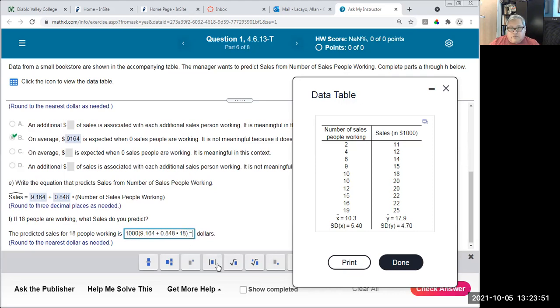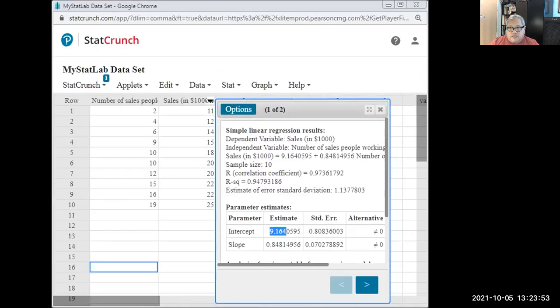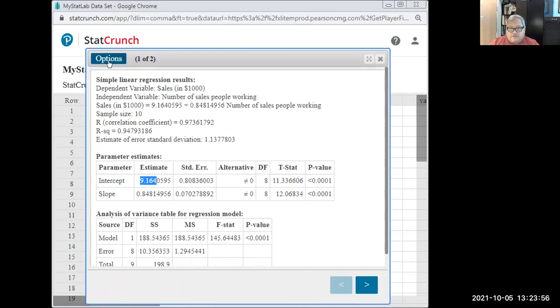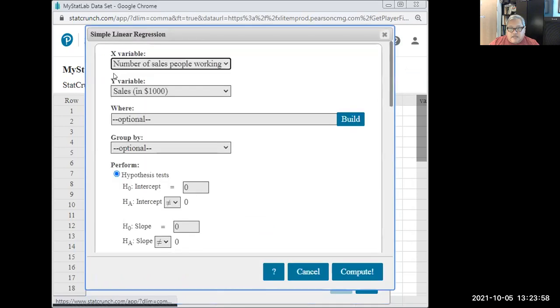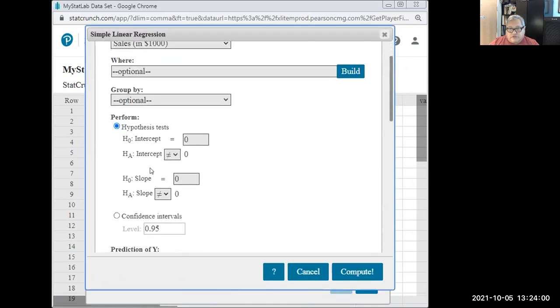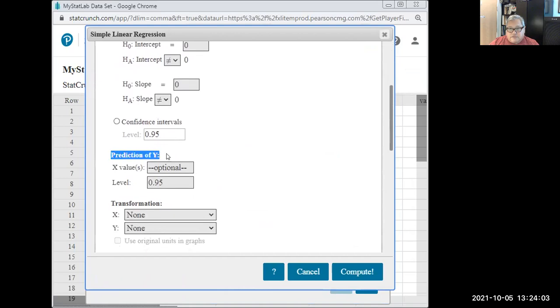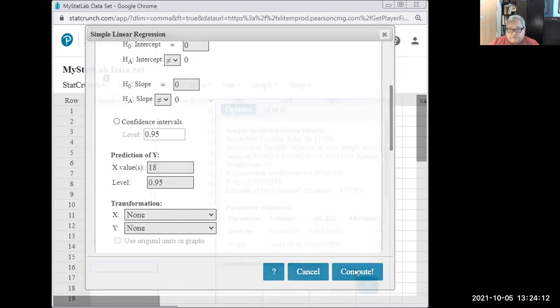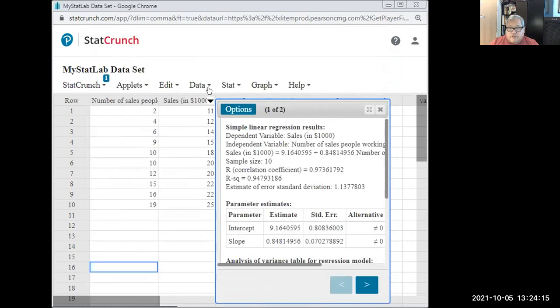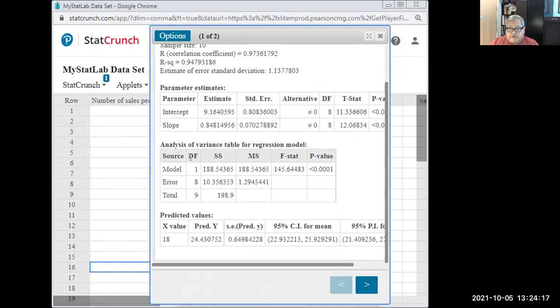Or you could go back to StatCrunch, and in the options, in the process of running this regression, you could scroll down the list to where it says prediction of Y when X is 18. So by putting in 18 salespeople, we can then see in the regression output that it would be $24,430.